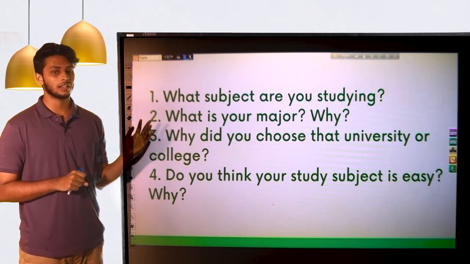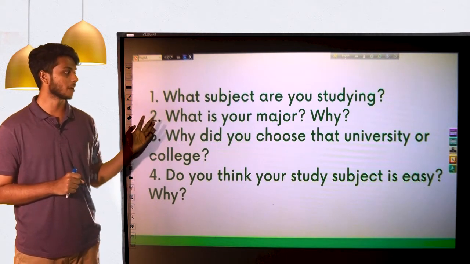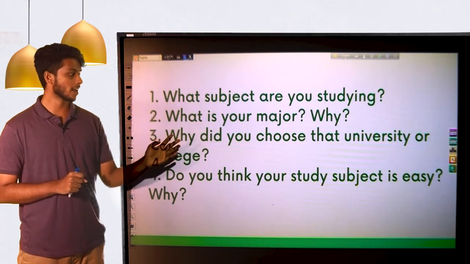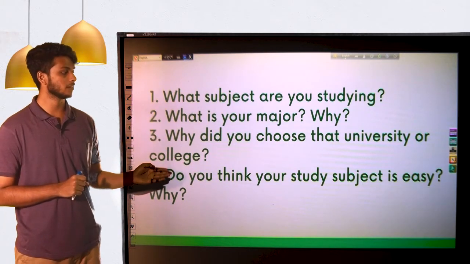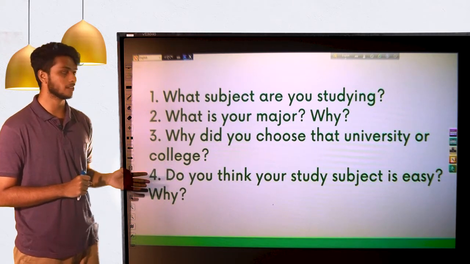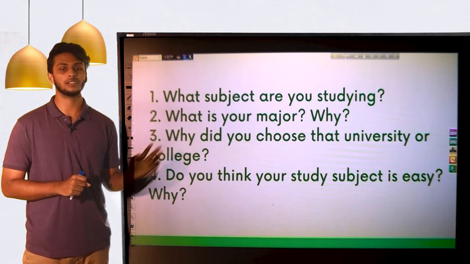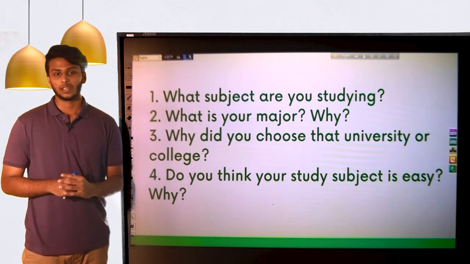He might ask you what subject are you studying, or what is your major and explain me why. Why did you choose that university or college? Did you think your study subject is easy? Why? So these are some possible questions the examiner might ask if you are a student.